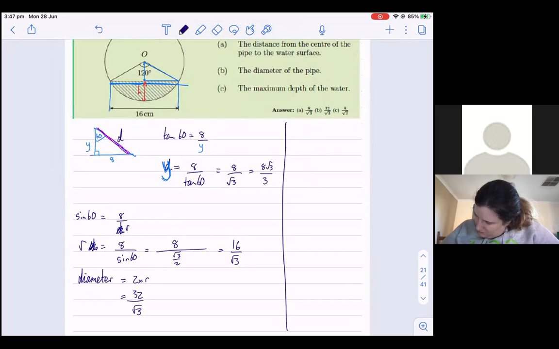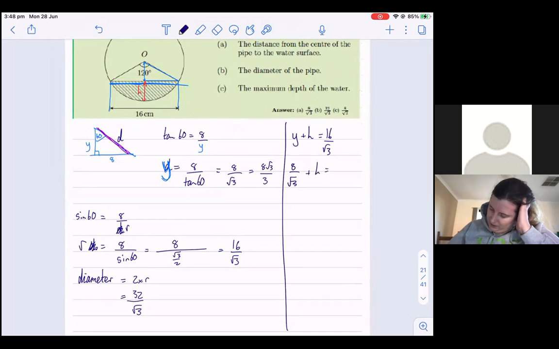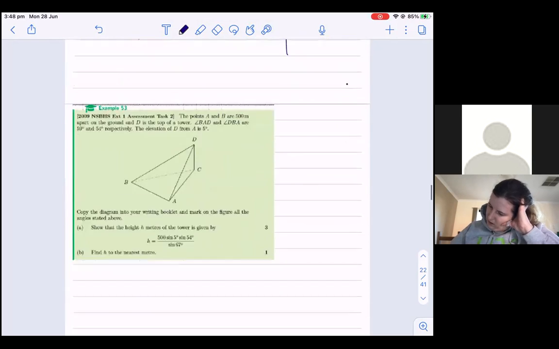So I know y plus h, so the distance to the water surface plus the depth of water must be the same as the radius, which was 16 on root 3. So I know 8 on root 3 plus the height, the depth of the water, which I'm calling h, equals 16 on root 3, which means 16 on root 3 take 8 on root 3 is just 8 on root 3 centimeters. Okay.